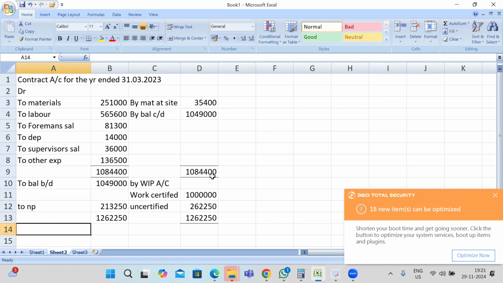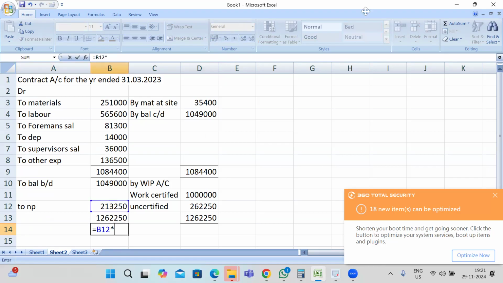So here I want to calculate the amount to be transferred to the P&L account. This is completed, 50% is completed, so two-thirds will be transferred to P&L. So 2,13,250, that is 2 by 3 notional profit into cash received. They have given 7,50,000, right?